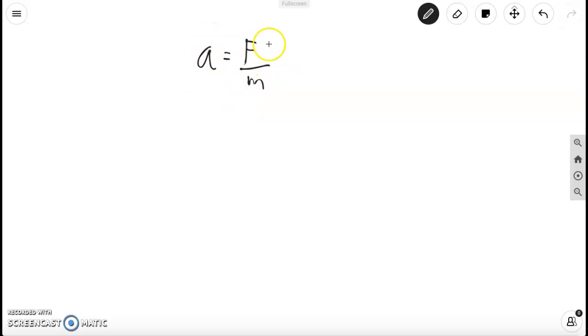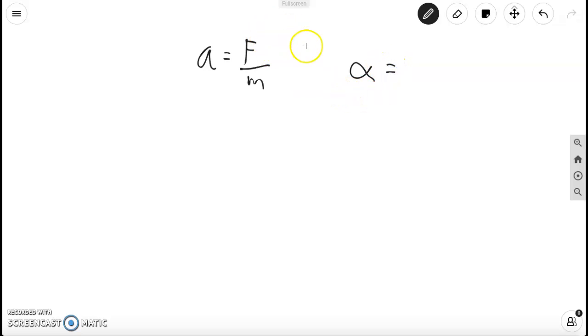So if we think about this, this is for linear motion, and what we're going to do to think about the second law for rotational motion is just replace these variables with variables that are more useful for rotational motion. So acceleration is pretty easy. That's going to be rotational or angular acceleration.